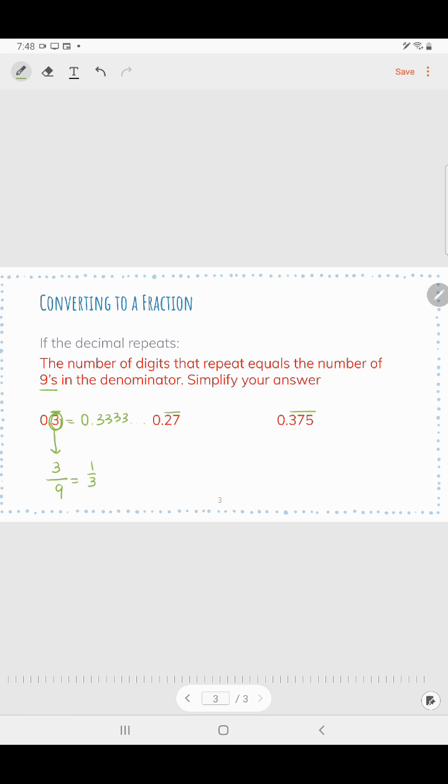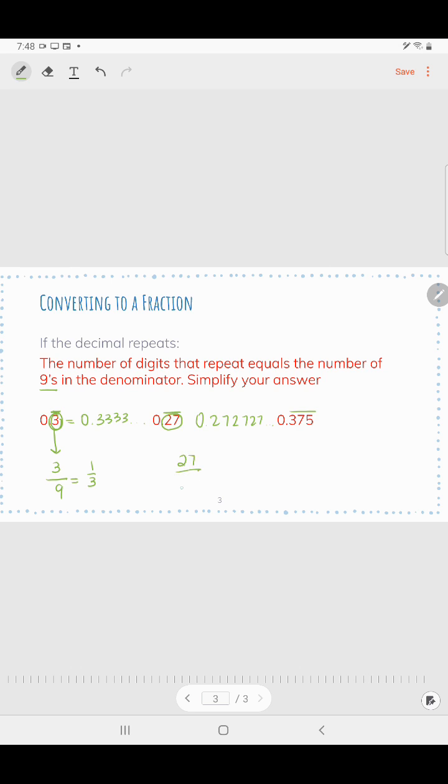So let's look at a second example. 27 repeating. That means if I wrote it longhand, it would be 2 7, 2 7, 2 7, and that pattern would continue on and on. So what digits are repeating? Well, 27 is what is repeating. So 27 goes in the top of my fraction.